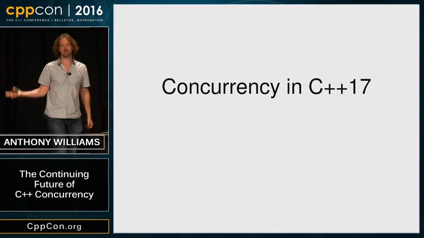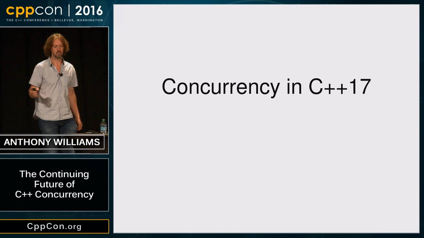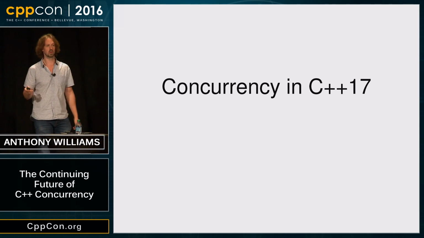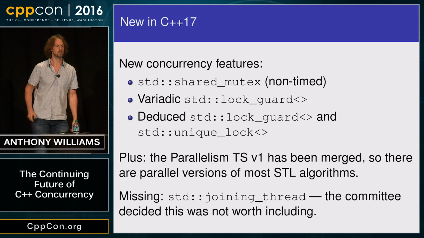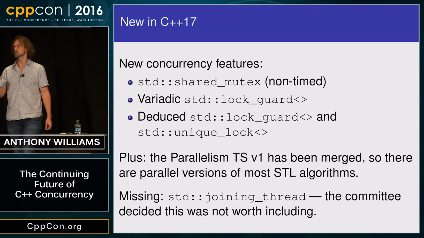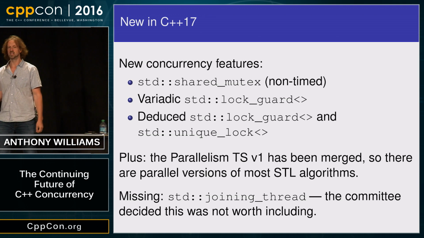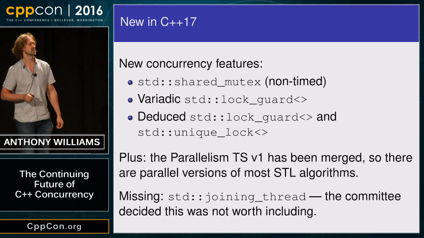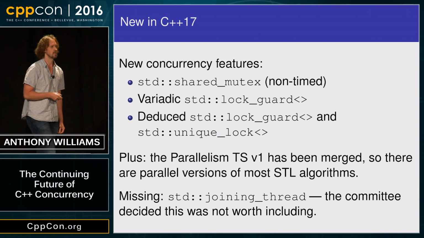So C++14, that was all there was to it. Concurrency in C++17, we've got a little bit more. We've got shared mutexes, shared timed mutexes, non-timed standard shared mutex.